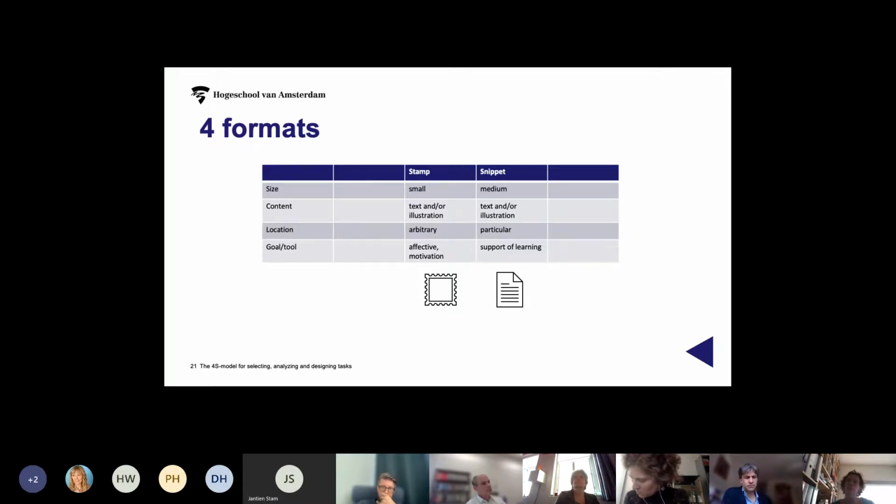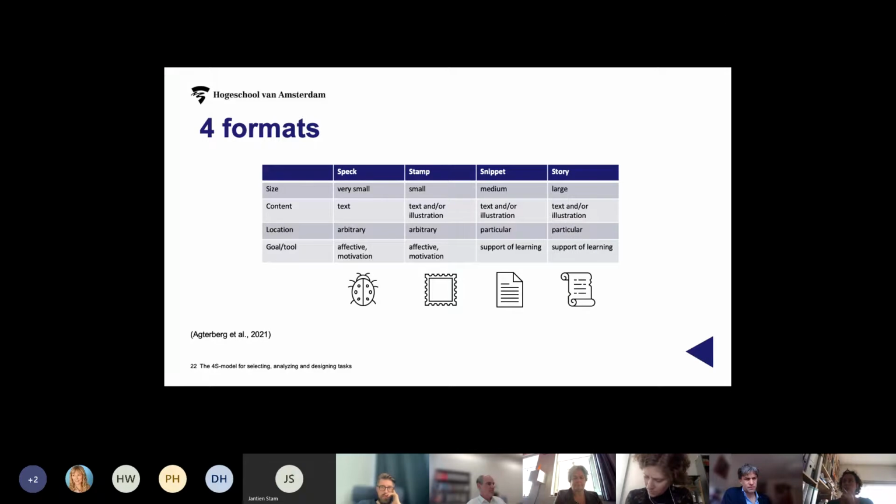So you can see, I think, the difference between not just size and content, but also why the history of mathematics is used. And then we have on either side two more formats. The largest one I called story, and the smallest one I called spec.